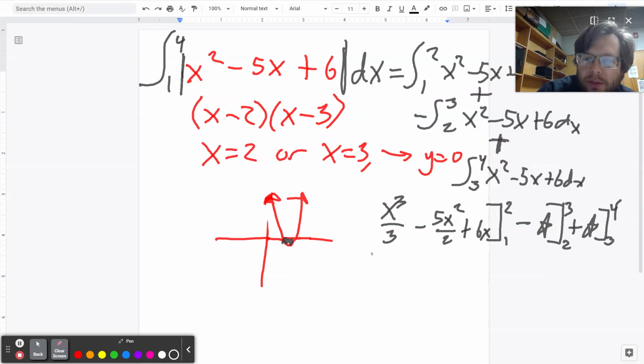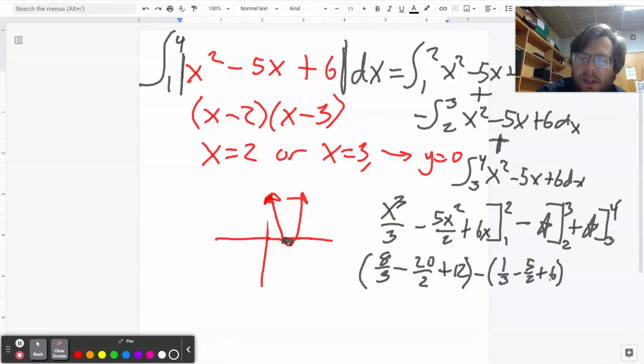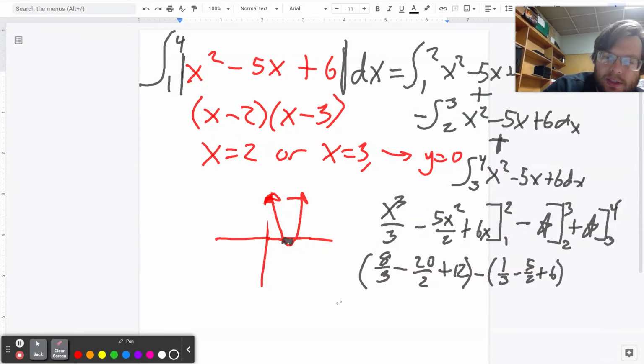So if I plug in 2, I get 8 thirds, because 2 cubed is 8, minus 20 halves, 2 squared is 4, times another 5, plus 12, minus, then I'm going to plug in 1 third minus 5 halves plus 6, and then I'm going to subtract f of 3.